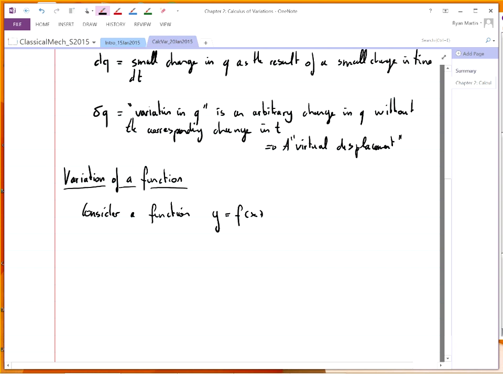All right, so y and f are pretty much interchangeable, right? So y is really a function of x, and x is the independent variable. Whereas y and equivalently f are dependent variables.